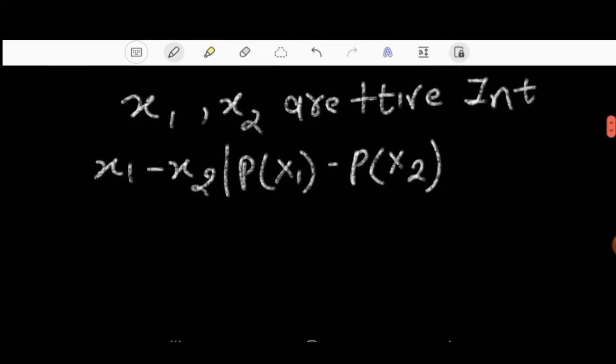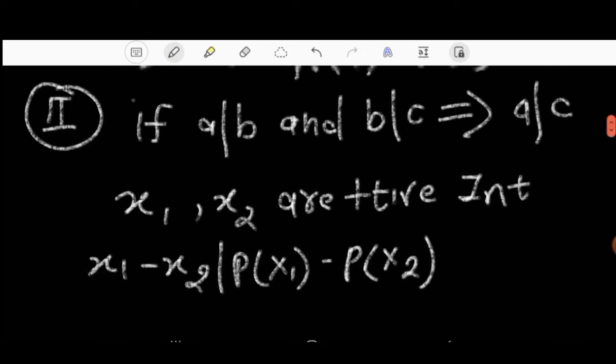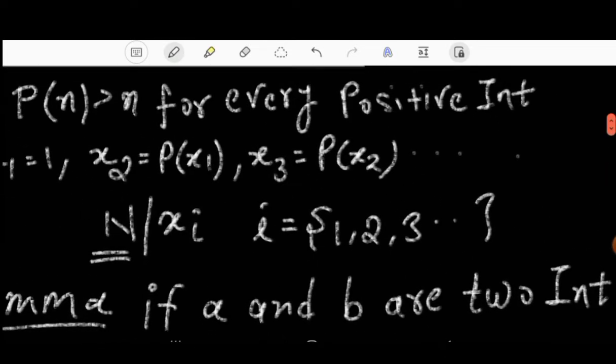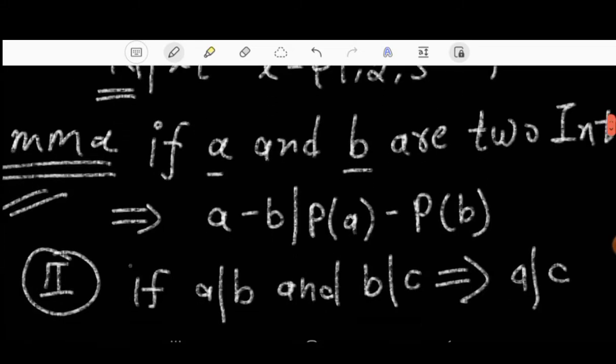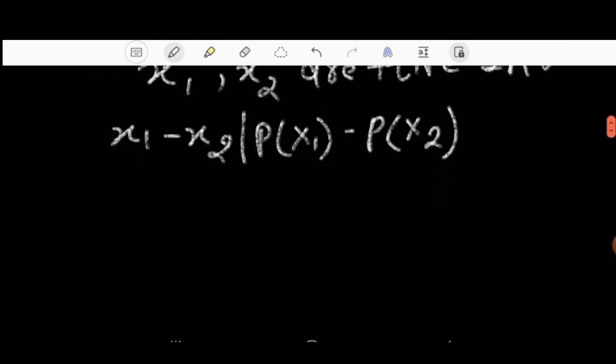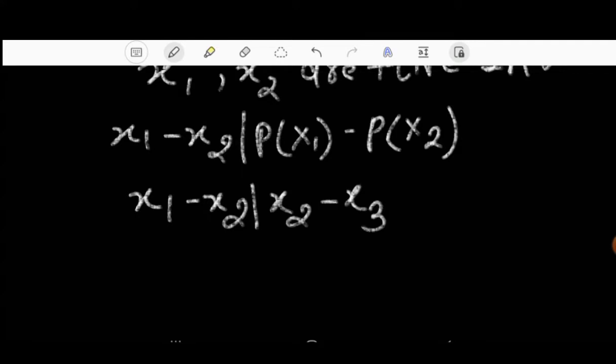And since we know that P of x1 is nothing but x2 and P of x2 is nothing but x3, we can put the value and we'll get x2 minus x3.